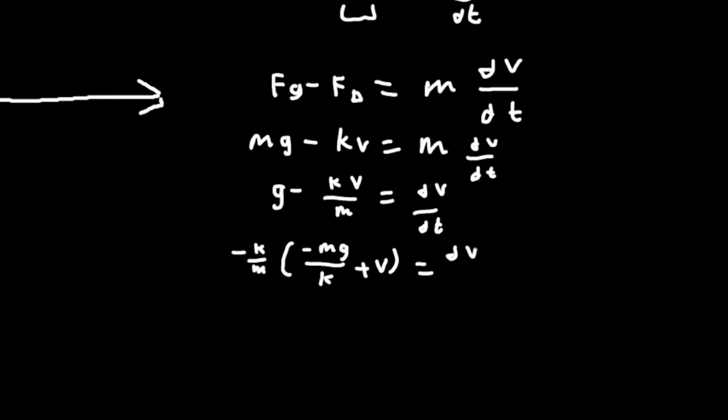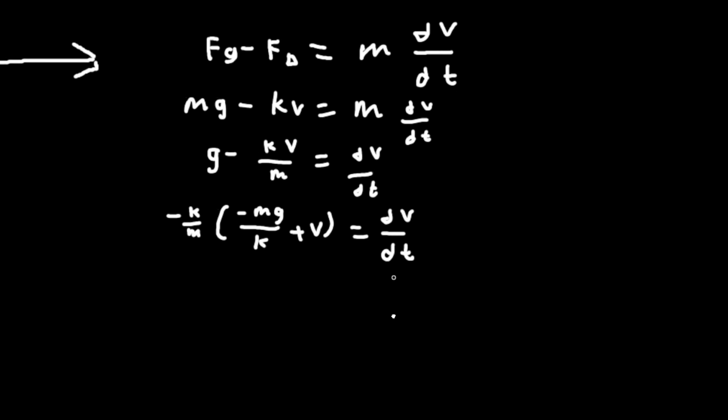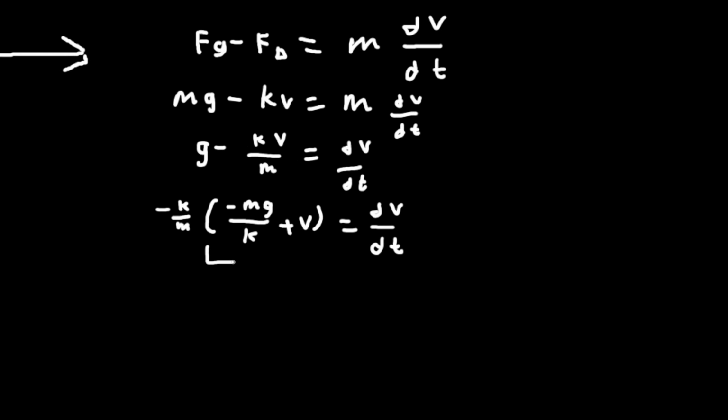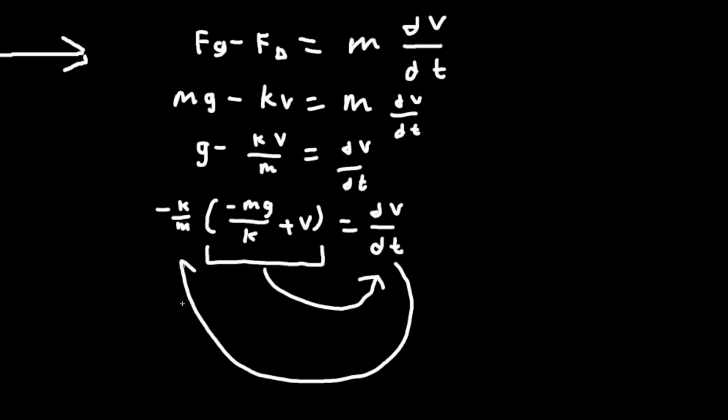And then dv dt. Now we are almost ready to integrate. All we have to do is take this expression right here and put it onto this side, and then take this dt and put it onto this side. The reason why we want to take this expression and put it onto this side is because we have our differential here.